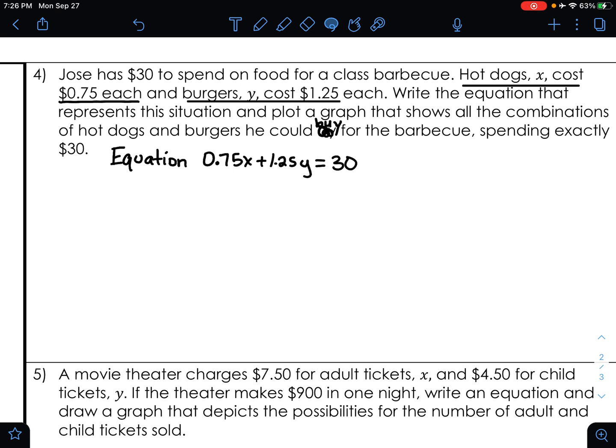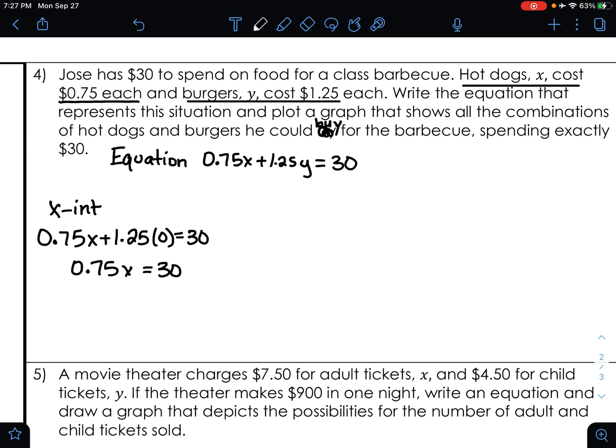So now to find all the possible combinations, we need to find our X and our Y intercepts. I want to start by finding the X-intercept. To find the X-intercept, I'm going to take the equation and plug in 0 for Y, and I'm going to solve for X. What that leaves me with is 0.75X equals 30.